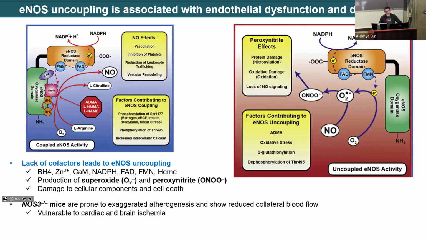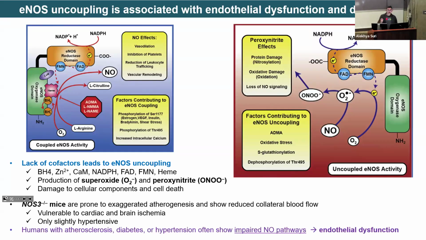And that makes them vulnerable to ischemia, both in the heart and in the brain. However, they're only slightly hypertensive, which was kind of interesting when this mouse was made back in the mid-1990s. So some work has been done to understand why, if you don't have a major vasodilating molecule, you are still only slightly hypertensive.